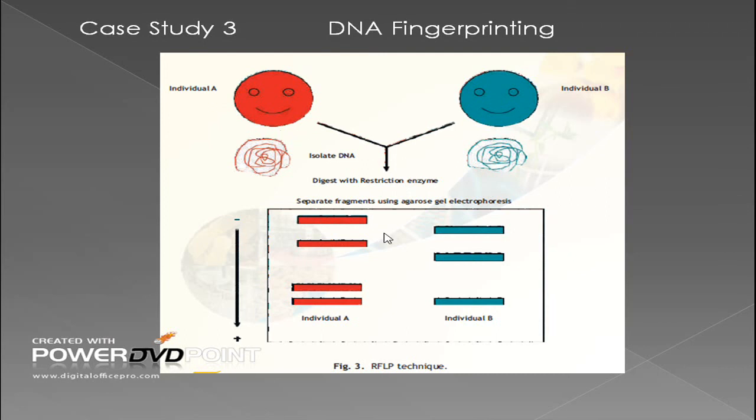If it matches individual A, then A will be the culprit, and if it matches individual B, then B will be the culprit.